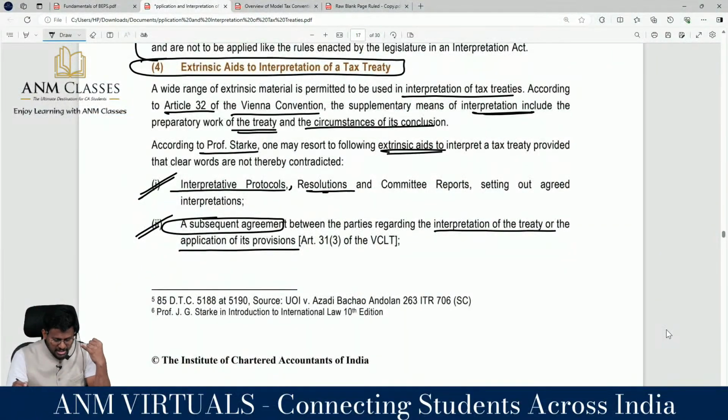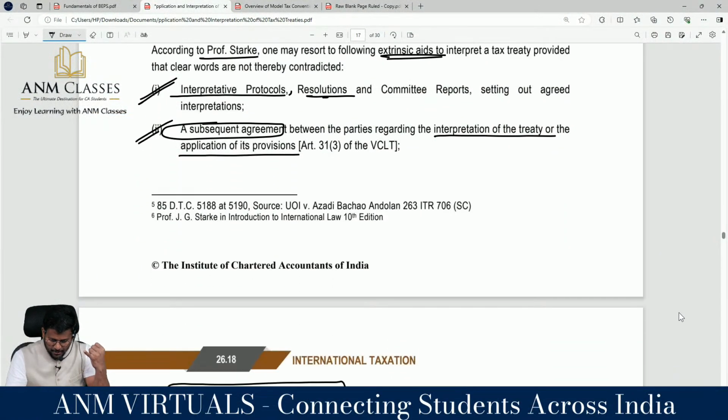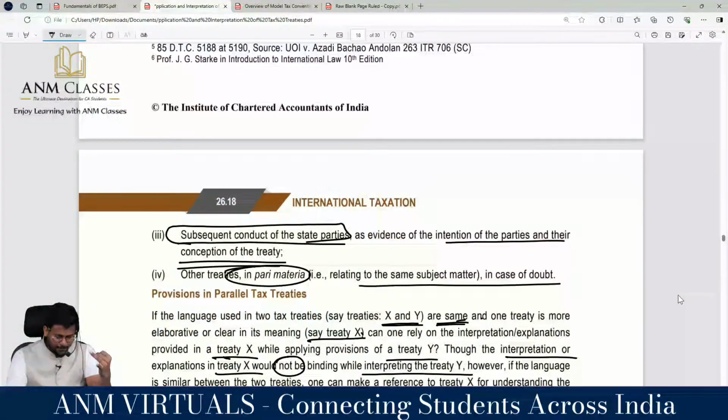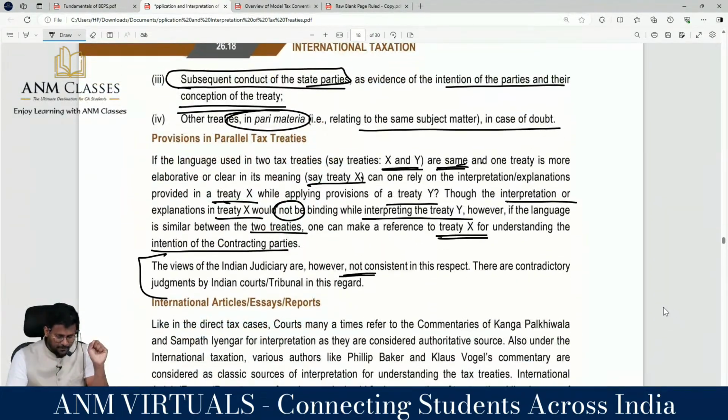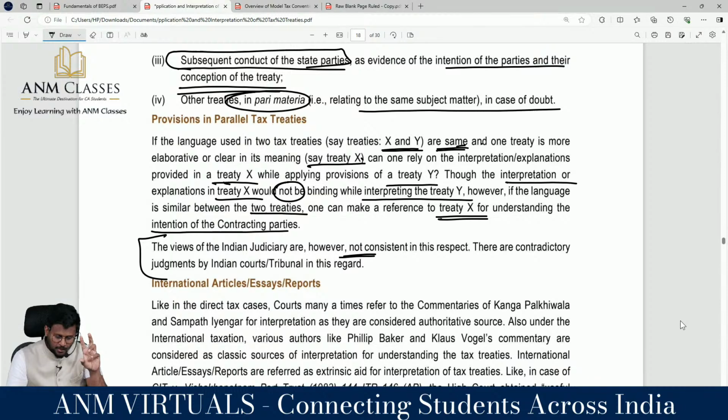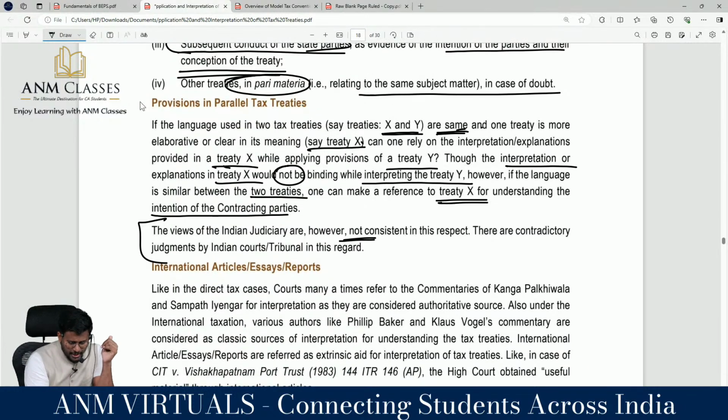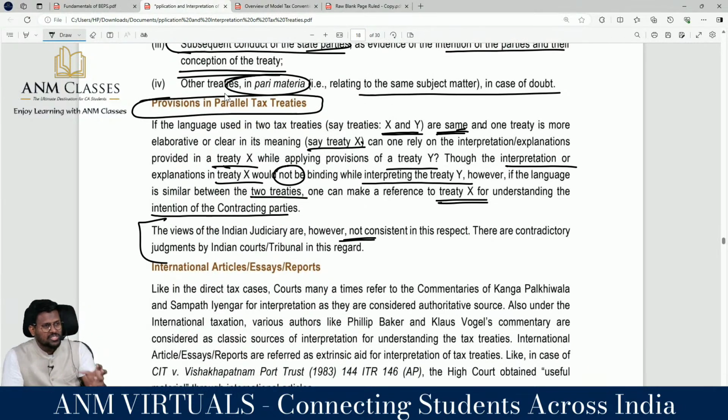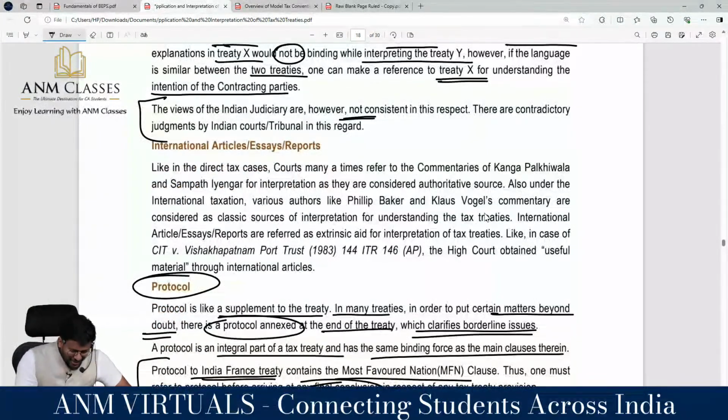Number 1, interpretative protocols, resolutions and committee reports, subsequent agreement, subsequent conduct of state parties, other treaties. That is pari materia. Provisions in the parallel tax treaty. Can you use the interpretation of the parallel tax treaty to interpret another treaty? Internationally, yes. Indianly, no. Correct. Now international articles, essays and reports will be there.